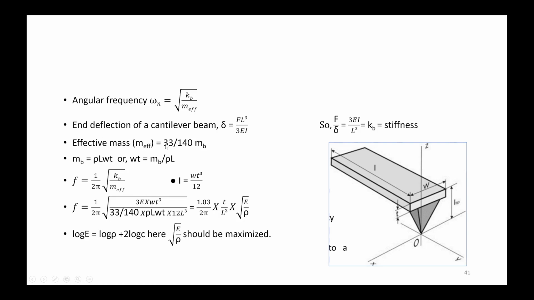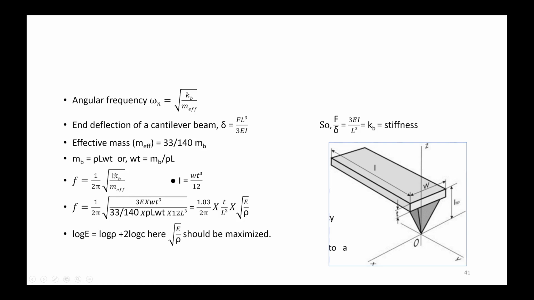Effective mass can be given as 33 upon 140 times the mass of the beam. So the mass of the beam, we know already, will be density times the volume. Volume will be length times width times thickness, so L W T, and we can write it as rho L W T. Now linear frequency will be 1 upon 2 pi times root kb upon m effective.